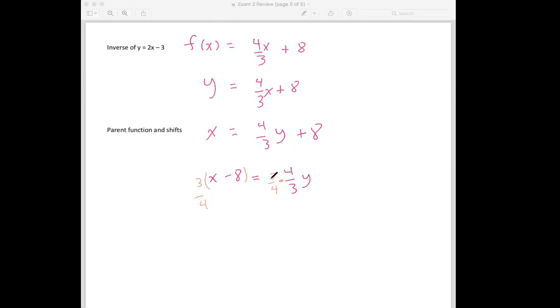So these cancel, and this leaves us with 3 times x minus 8 over 4 equals y. We could distribute this in, and we change the y to f inverse of x equals 3x minus 24 over 4.